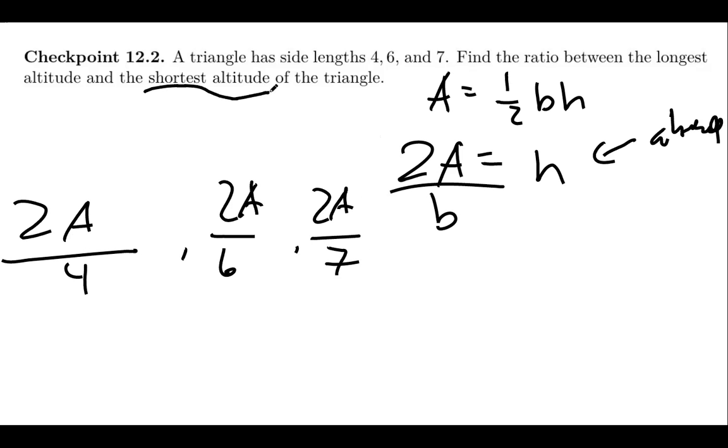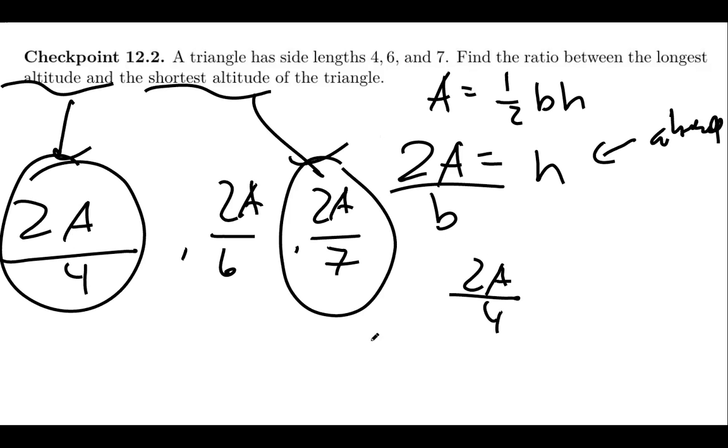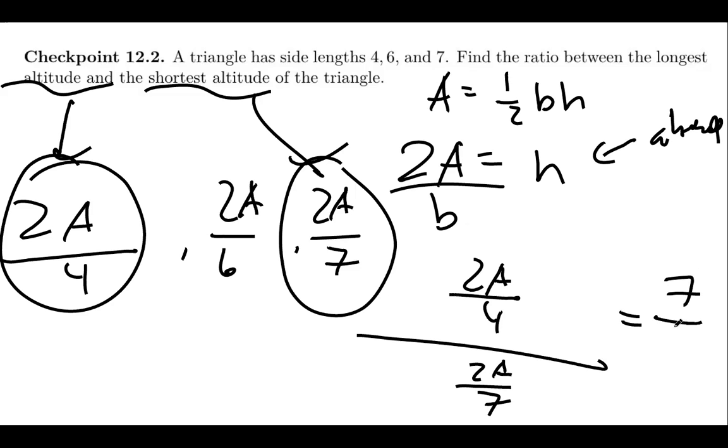So the shortest altitude will be the one that's divided by the biggest number. So this is the shortest one. The longest altitude is the one that's divided by the smallest number. So that would be this one. And we're trying to find the ratio between them. So that's 2a over 4 over 2a over 7, and it should be 7 over 4.